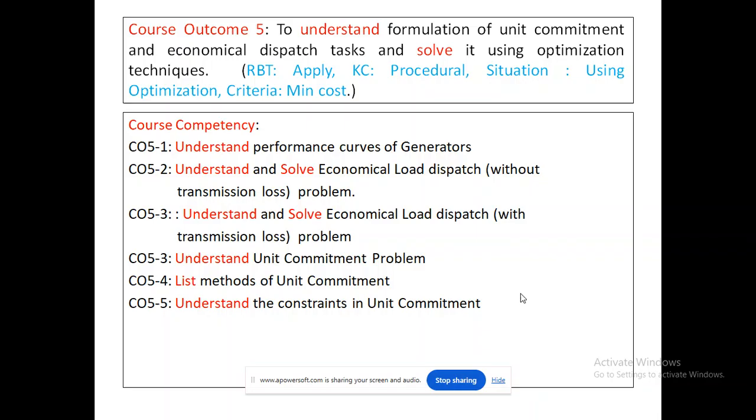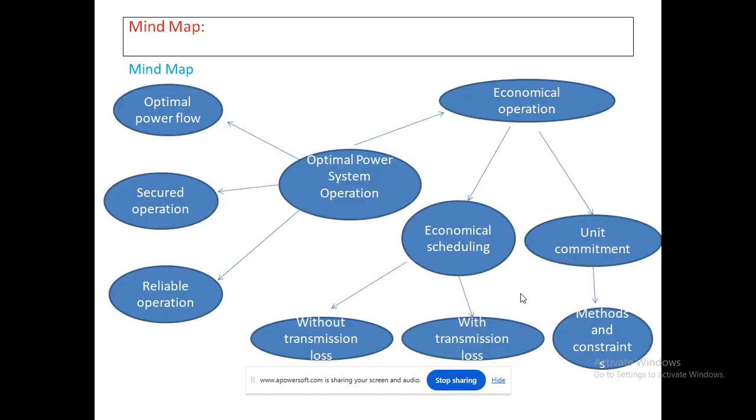Now I have divided this course outcome into course competencies CO51, CO52, CO53, CO54, 5 and 6. Please go through these course competencies. Now this is the mind map I have prepared just to understand the title of this unit, that is optimal power system operation.